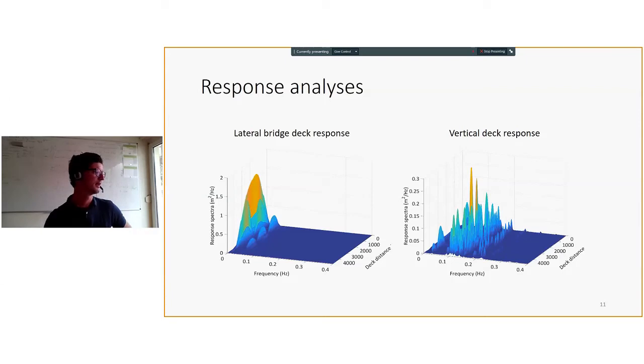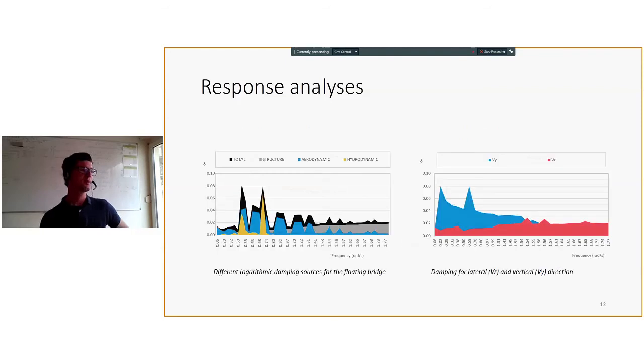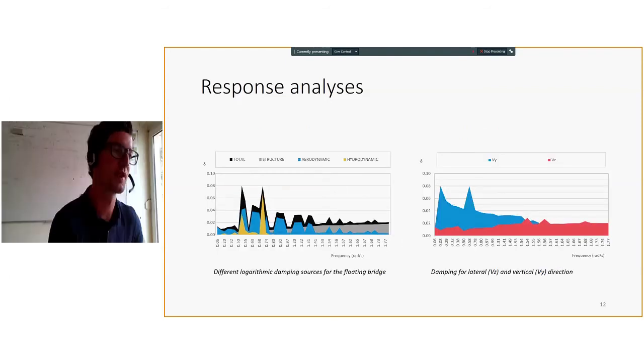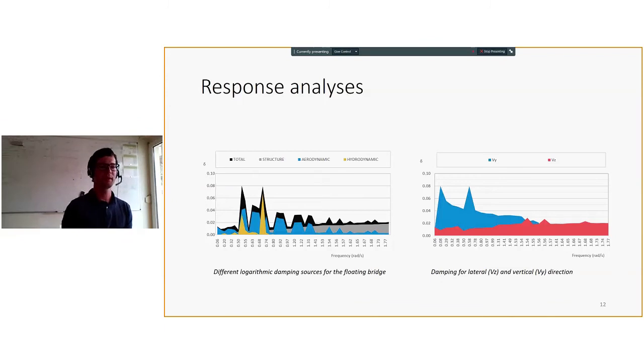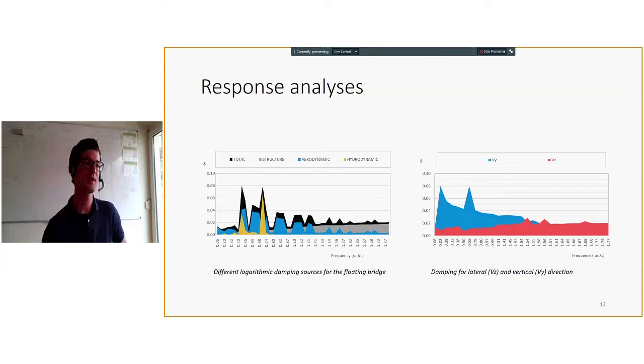So this is an argument that goes with implementing a more sophisticated wind model. Then in the next slide, we can also see some results of the modal analysis where we plotted different damping. These structures are relatively low damped, so any damping we can get on those structures is most welcome, so to say.